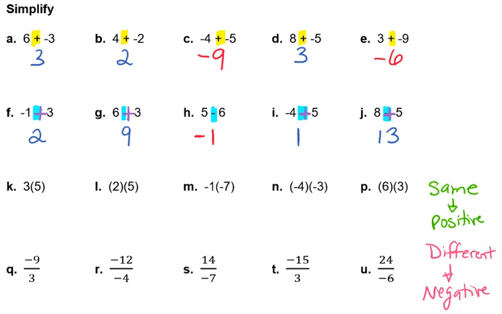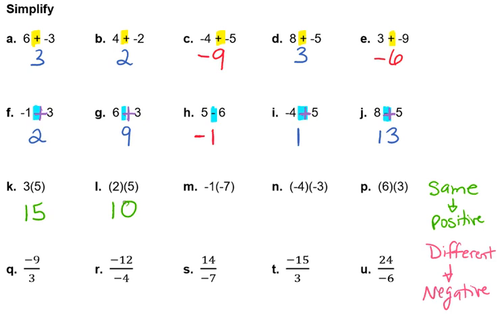So if we look at problem K, we have 3 times 5, and that's 15. And they both have positive symbols, so it's going to be a positive 15. So we move to L, and 2 times 5, they're both positive, so we're going to have a positive answer of 10.